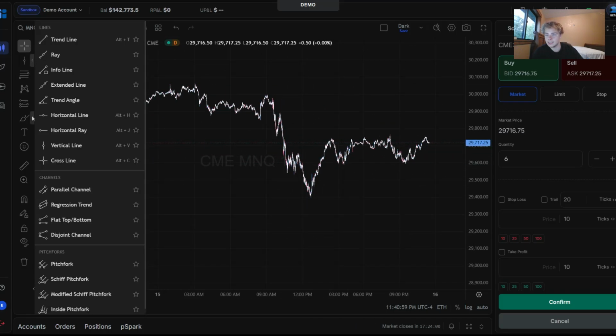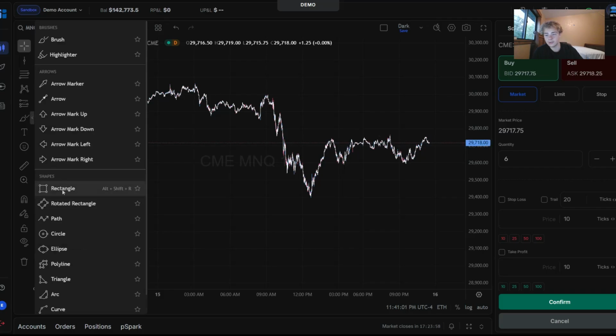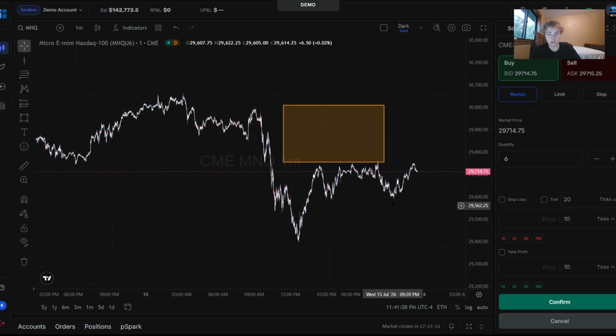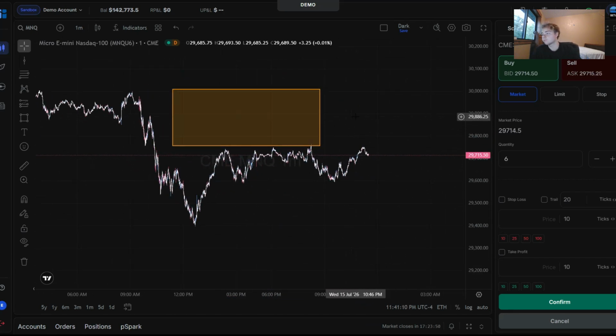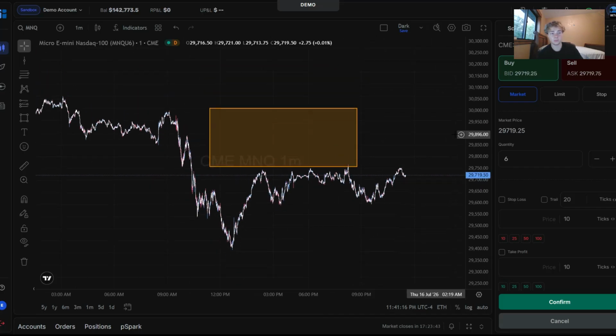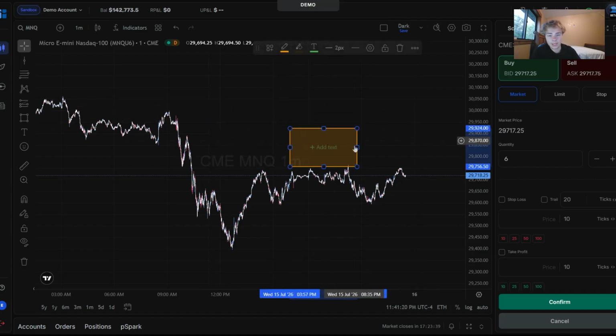And then let's see, we've got rectangles right here. These are useful for marking out zones, areas of interest, supply and demand zones, consolidation zones, and for imbalances, which we'll also talk about in a little bit. Mark out those areas. You can write on them.